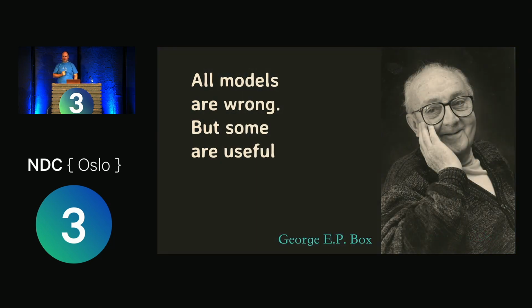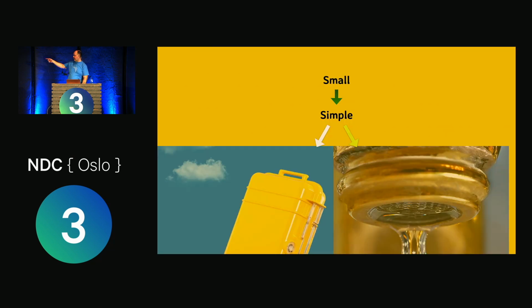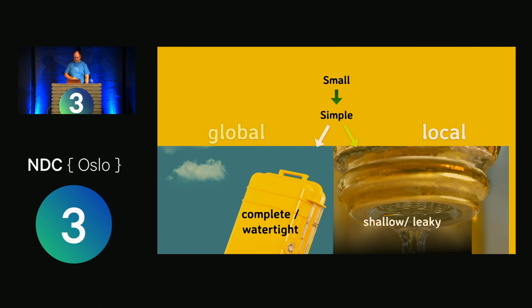You've probably seen this quote, George Box: all models are wrong, but some are useful. Similarly, all abstractions are leaky, but some are useful. And here's the slide where I talk about what I call global abstractions. Those are languages, standard libraries, things you're going to invest the effort in to make as complete and watertight as possible. Or local abstractions, the things you're going to have in your own code.